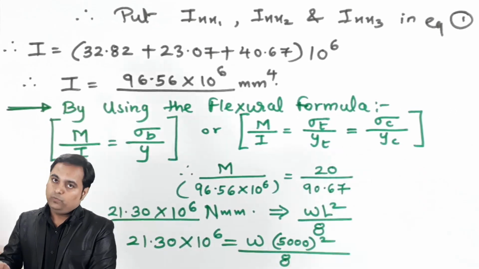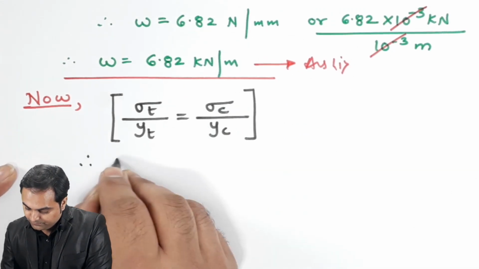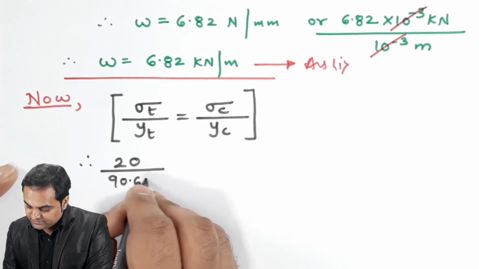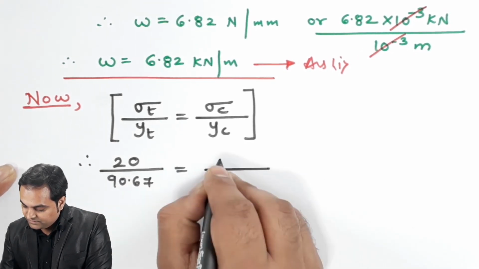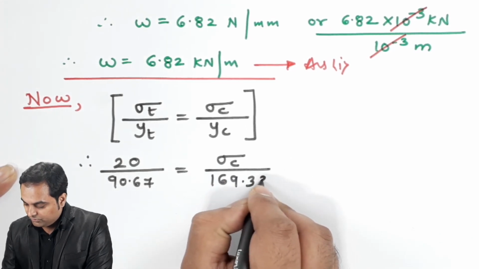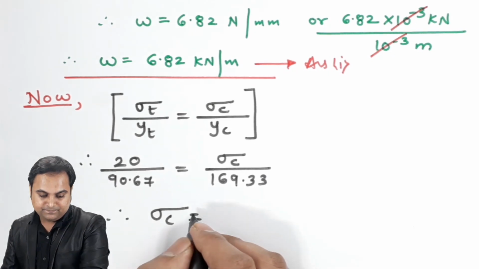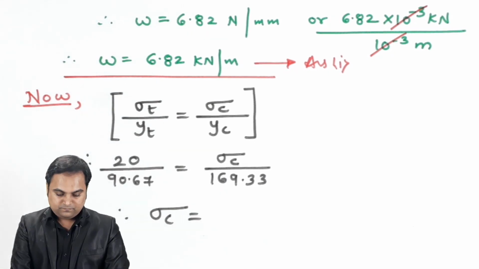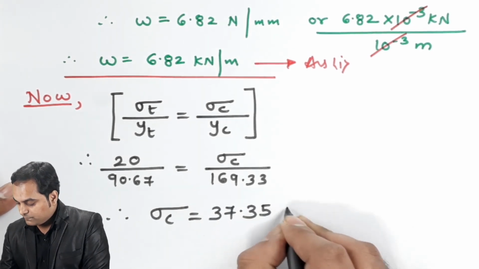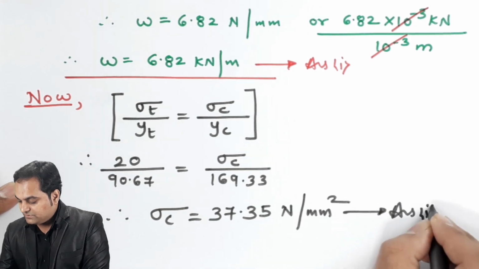From that also we'll get the same answer. Now sigma t value is given in the problem. It is 20. Yt is 90.67. Sigma c is what we have to find out, and yc is 169.33. On calculating this, I am getting the answer of sigma c, and it is 37.35 Newton per mm square. That's the second answer.